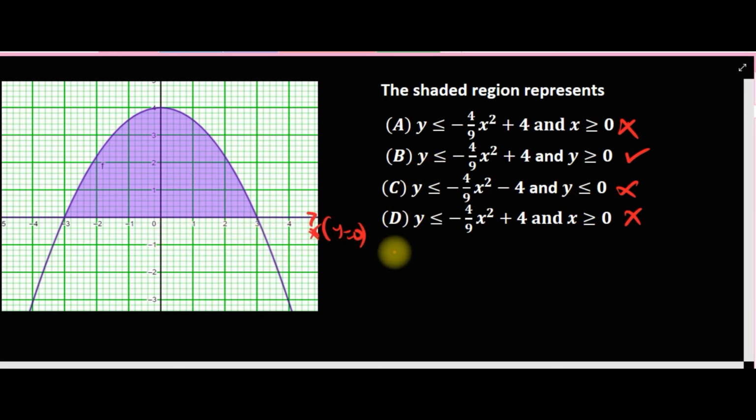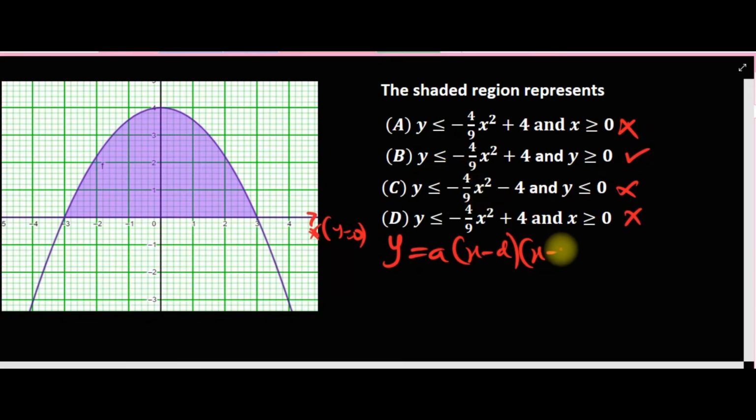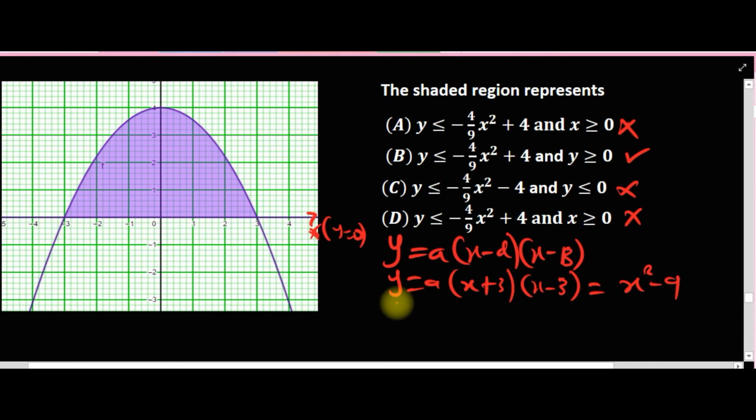And what we need here is our formula, which is y equals a times x minus the roots, or the x-intercepts. The values here are plus 3 and minus 3, and this is a difference of two squares, x squared minus 9, multiplied by a.